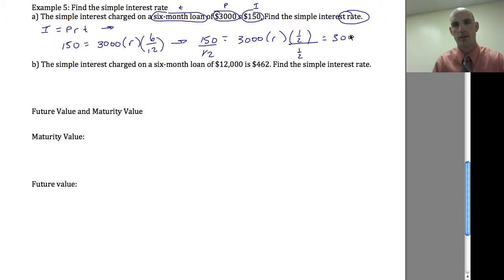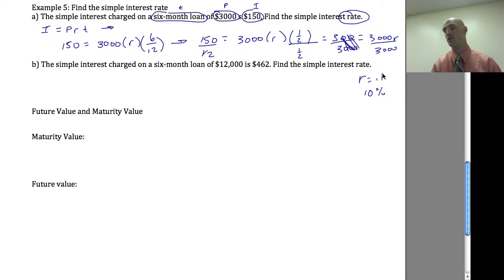So 300 equals 3,000 R. Divide by 3,000, divide by 3,000, so 3 over 30, so my rate is equal to 0.1 or 10%.